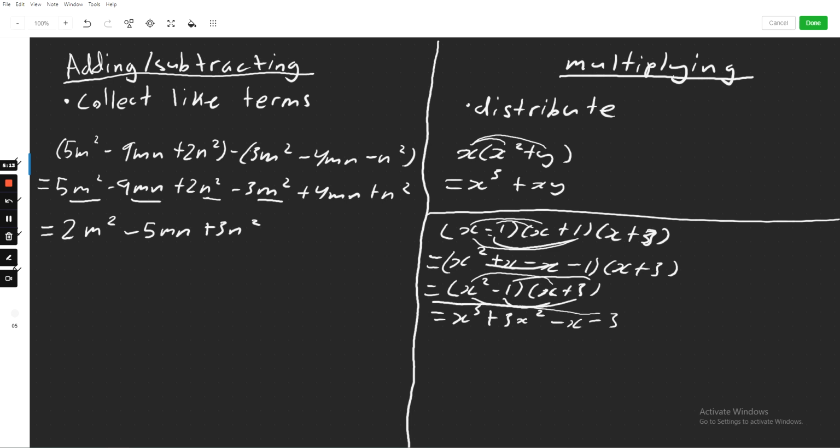So therefore, bracket x minus 1 times bracket x plus 1 times bracket x plus 3 is equal to x cubed plus 3x squared minus x minus 3.